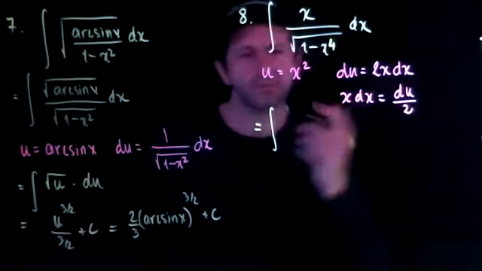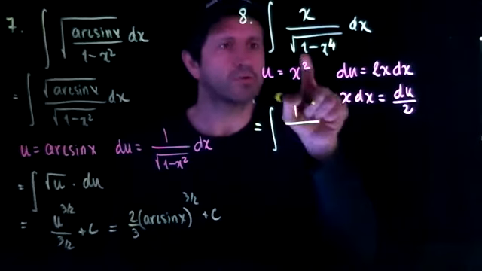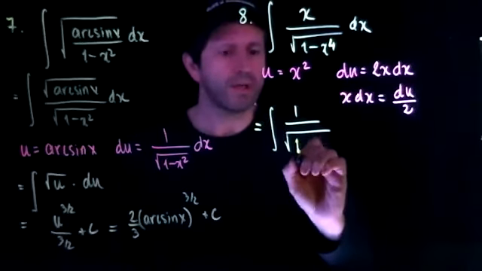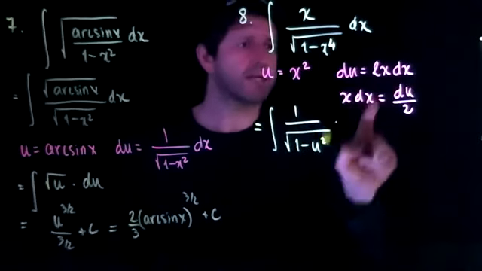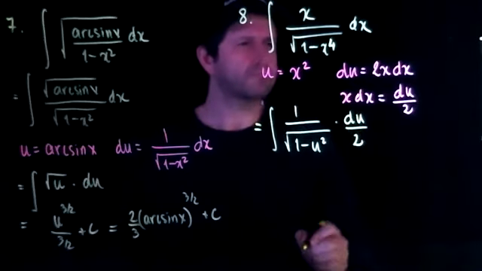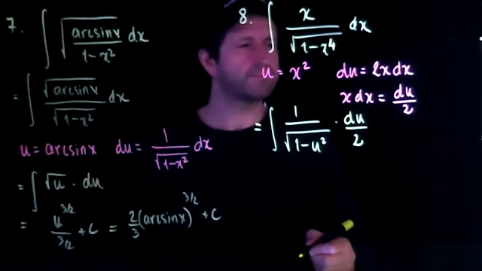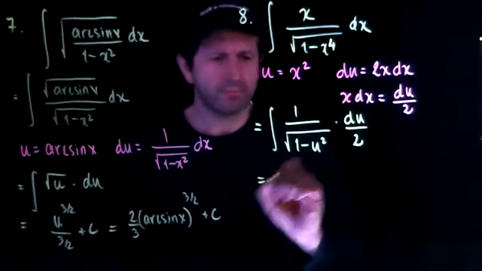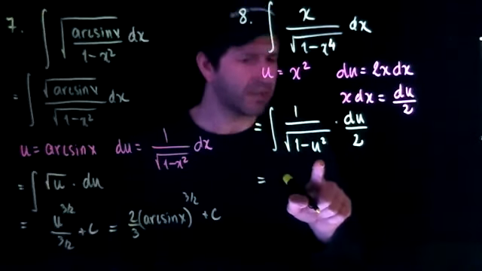Okay, so we have 1 over square root of 1 minus x4, so 1 minus u2, times x dx, which is du over 2. And that's pretty easy now. 1 over square root of 1 minus u2, I know that this is the arc sine.